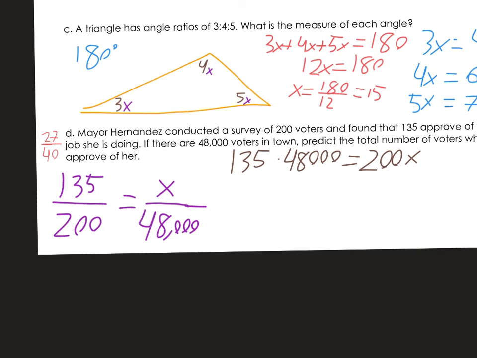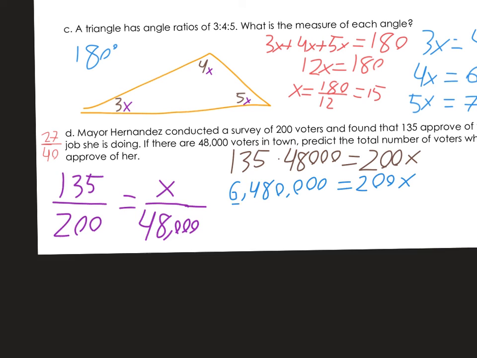Multiply that out, and we end up with, this is fairly large, 480,000 is equal to 200x.